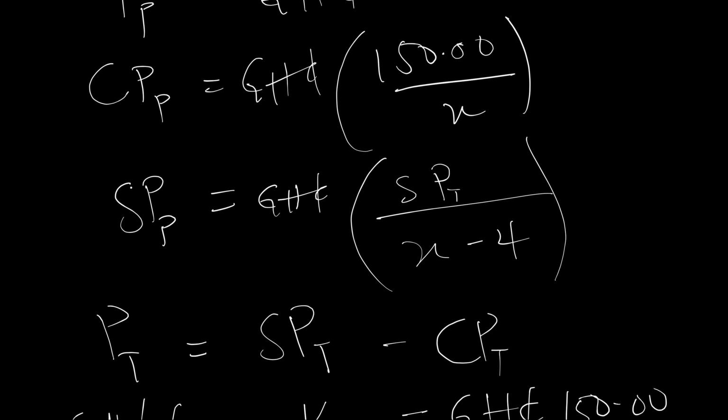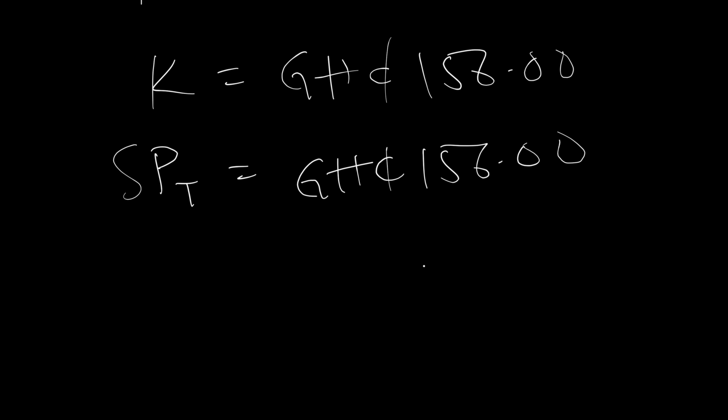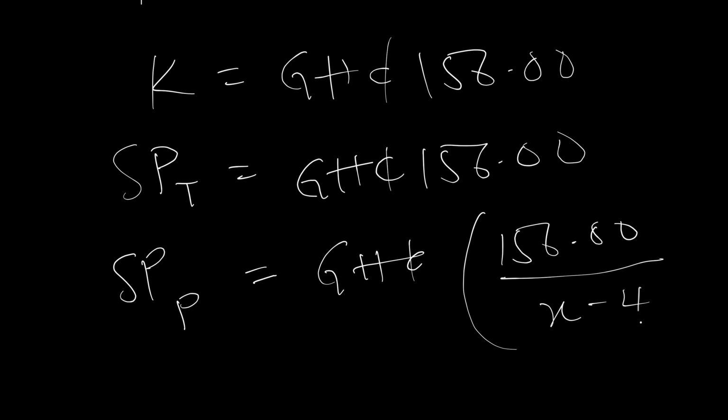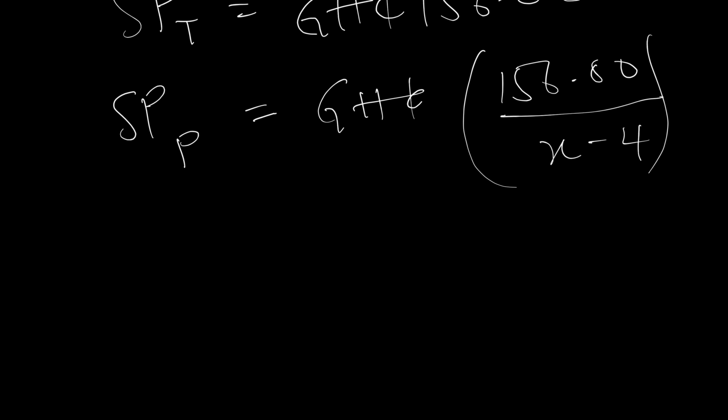So then we can say that the selling price per plate will be equal to our total selling price, which is 156 Ghana cedi, over the number of plates we sold, which is X minus 4.